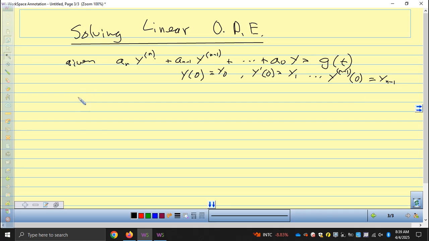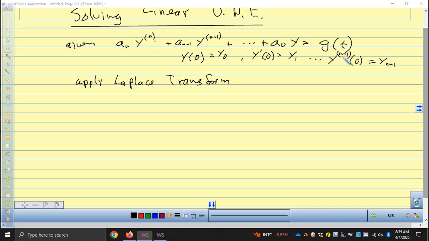Apply the Laplace transform. And we know if we are applying it to this entire thing, we can apply it term by term by the linearity principle.